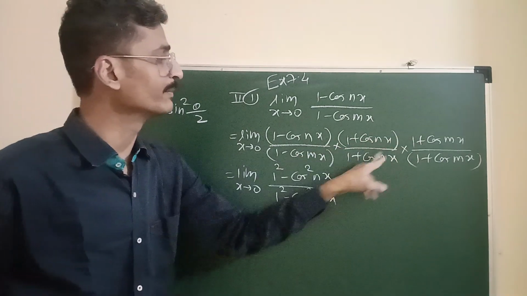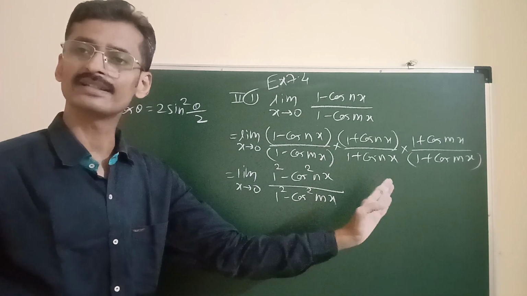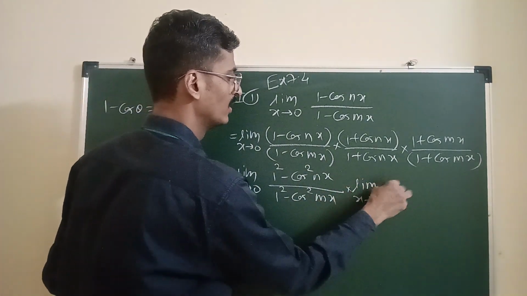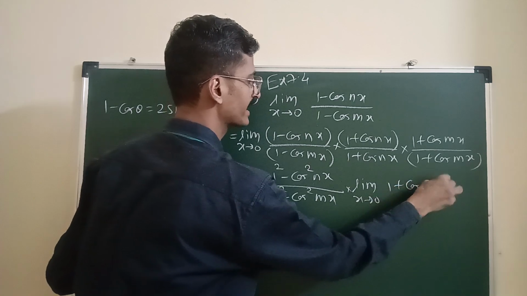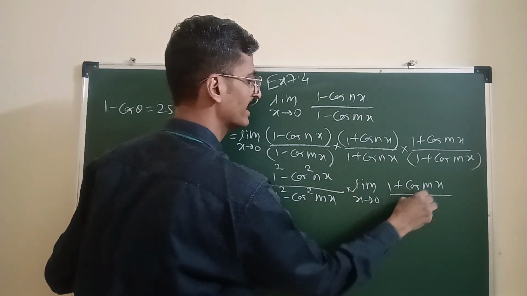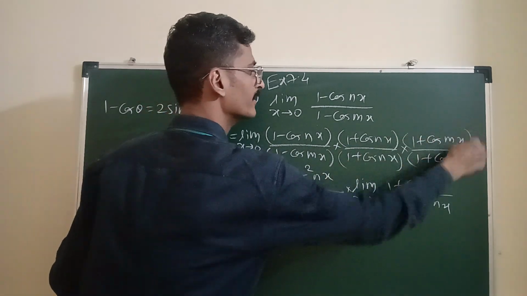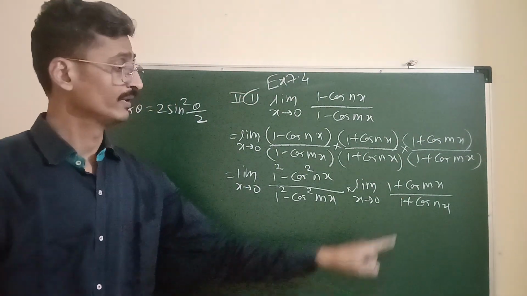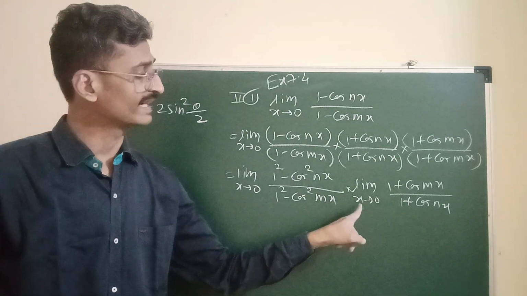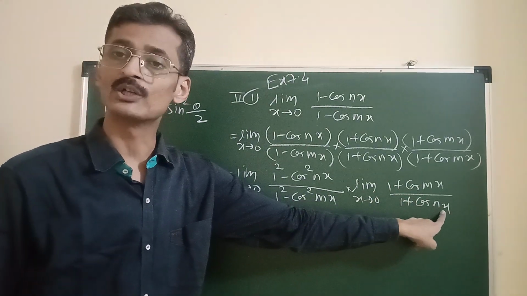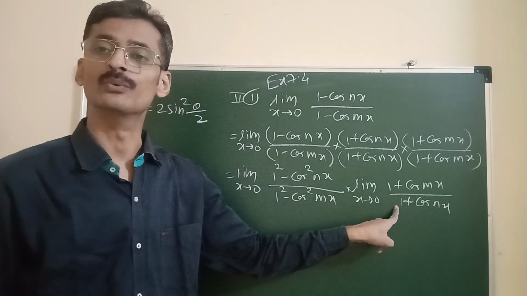Now for this remaining part, write the limit separately: limit x tends to 0, 1 plus cos mx upon 1 plus cos nx. You can use a bracket here also. For this remaining part, we can directly put x equal to 0 because this will become cos 0, that is 1, and 1 plus 1 is 2.